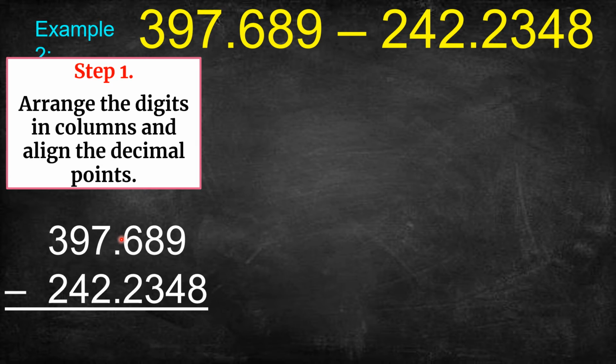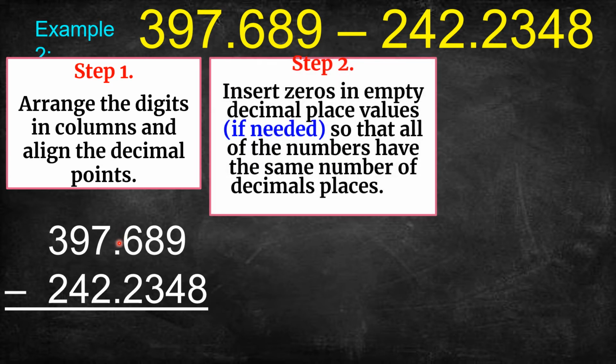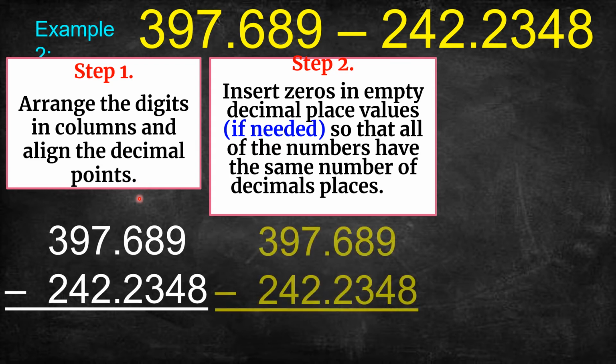So, again, for step number 2, we have to insert 0 in empty decimal place value if needed. So, this time, meron na tayong empty place value, which is yung ating 10,000s dito sa unang given. So, maglalagay tayo ng 0.